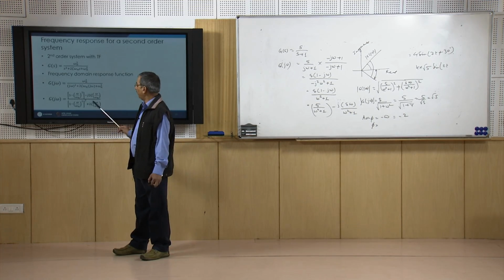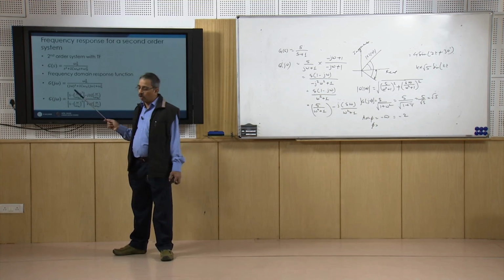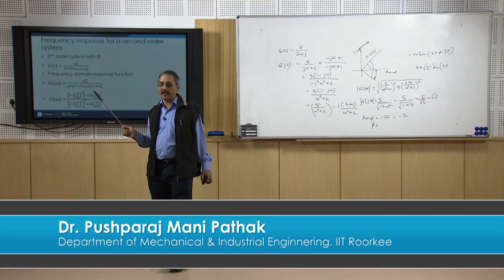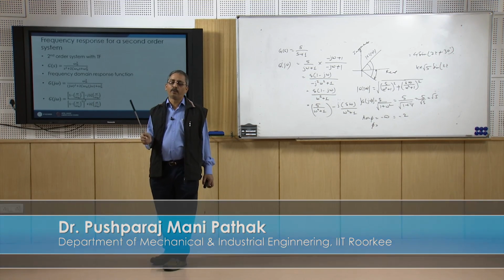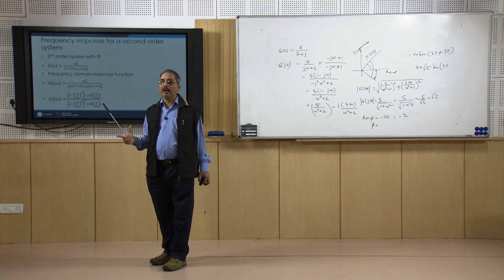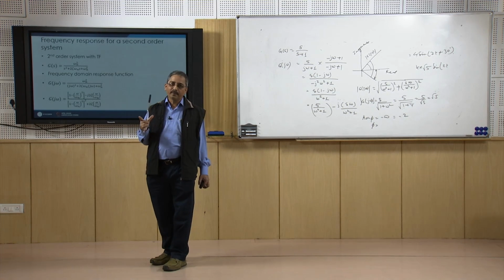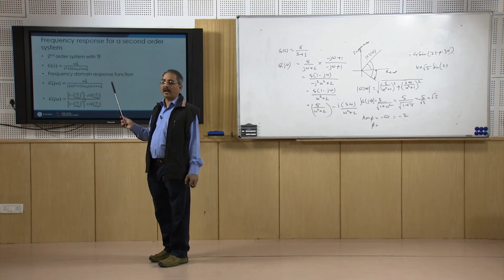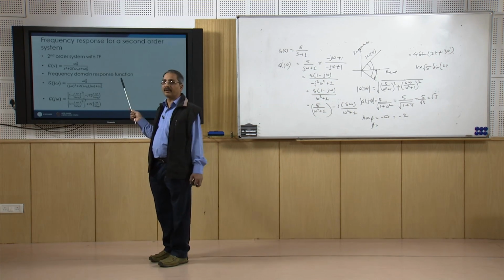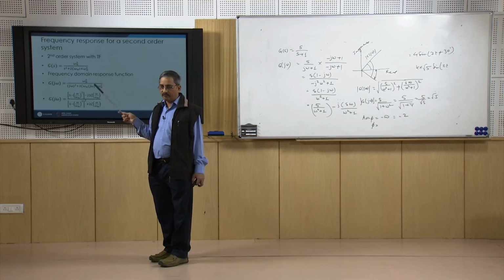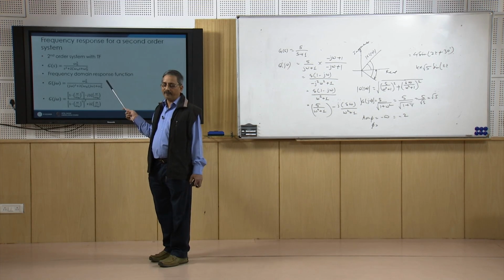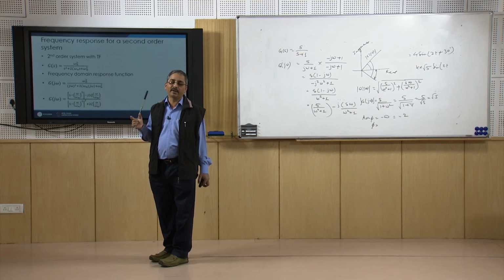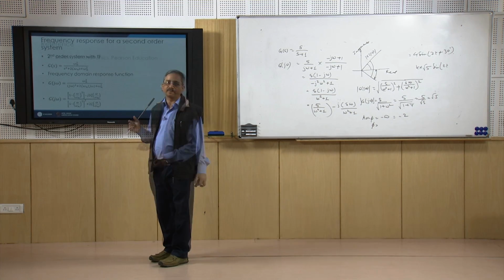So, the sole exercise of this frequency response has been to find out the output for a given input and the given frequency domain response. So, I hope this is another way of finding out the output for the given input and for the given system equations.